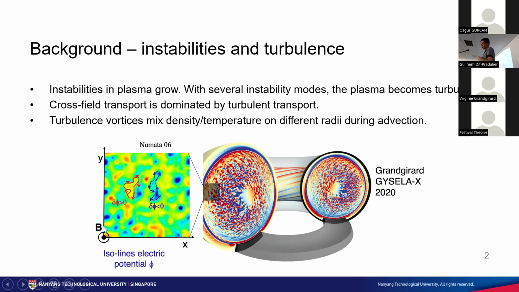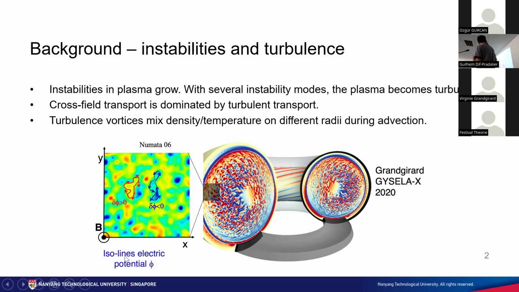If you zoom in on a small patch, you will see contours of electrostatic potential. If you calculate the E cross B drift, the E would be perpendicular to this contour, and B is in the direction going into or coming out of the paper. Then the E cross B drift will be going along the iso-contour line. So if you have a particle and you let it go with the E cross B drift, you complete this kind of orbit.